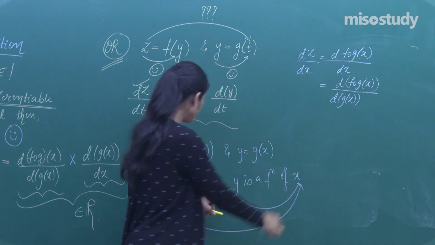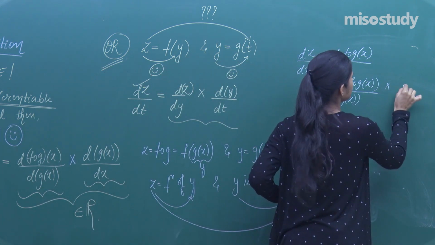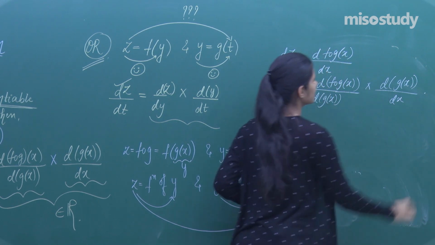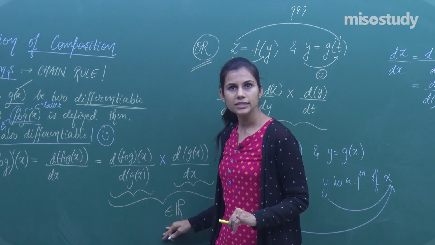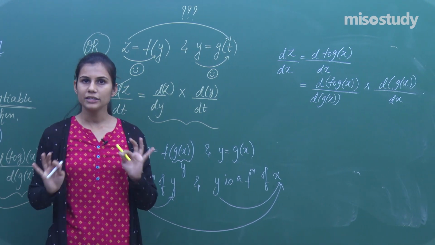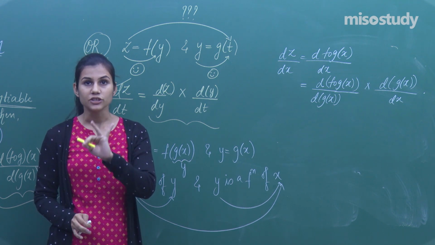So the derivative of z with respect to y multiplied by the derivative of y with respect to x. Isn't this the exact same thing that's written over here? Right? So this is another way to interpret this same result, which is my chain rule corresponding to differentiation of the composition of exactly two functions.